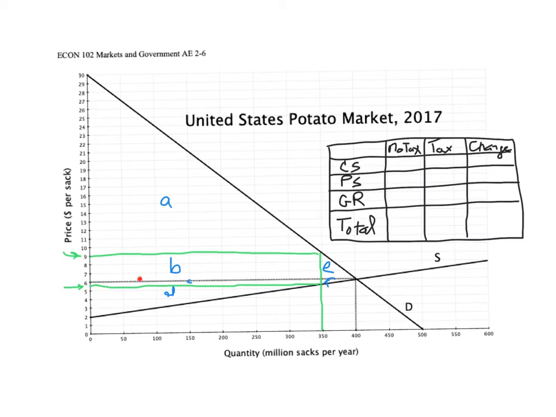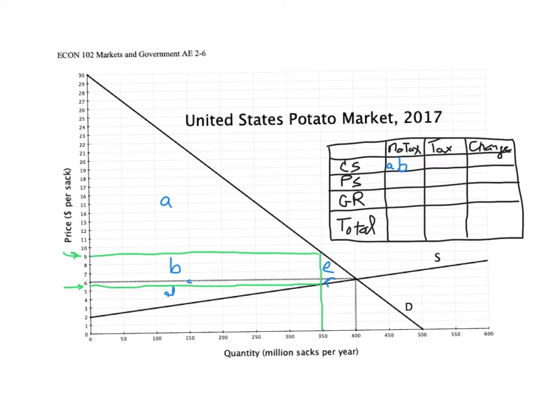Strange. Anyway, the price is 6. The quantity demanded is 400 million. So the area under the demand curve and above the price paid by buyers, areas A, B, and E, give us consumer surplus.